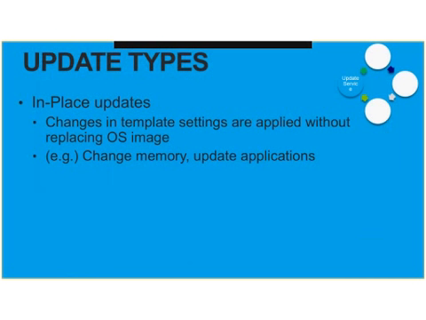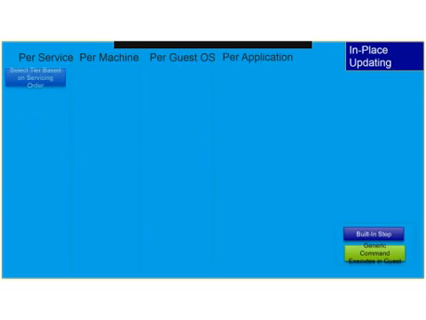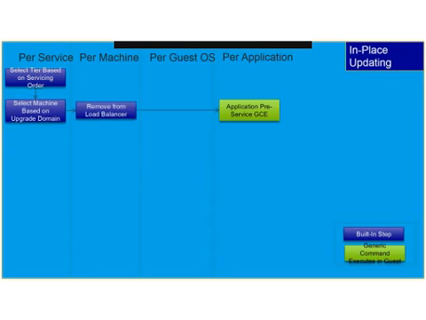You can do in-place updates, which is basically changing some OS property or the application itself, or you can do image-based updates, which is replacing the old OS image and installing new ones. So that's two ways of doing this. This chart shows you the order.